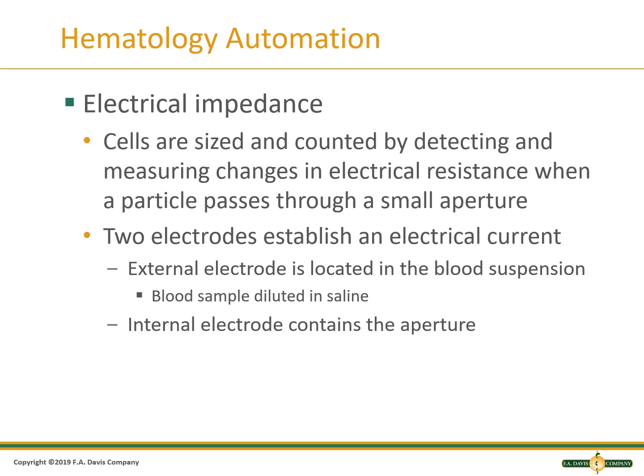The cells are sized and counted by detecting and measuring changes in electrical resistance when a particle passes through a small aperture. 2 electrodes establish an electrical current, and the external electrode is located in the blood suspension, which is the blood sample from the patient diluted in saline, and there are internal electrodes that contain this aperture that it passes through.